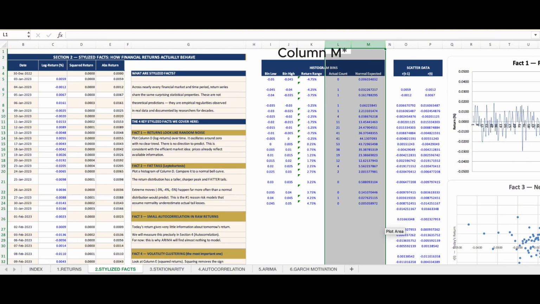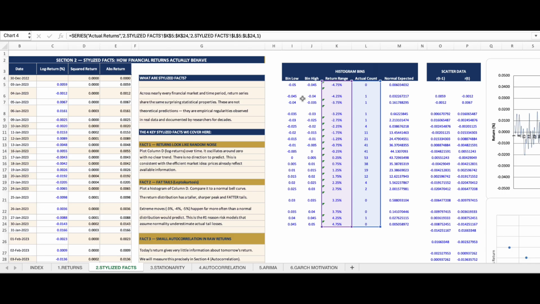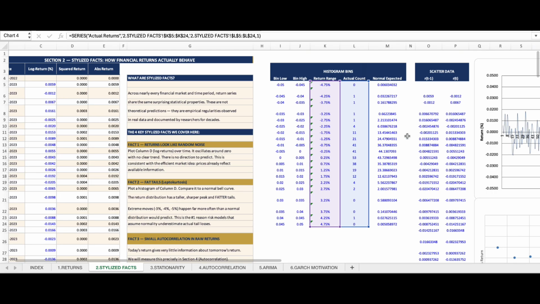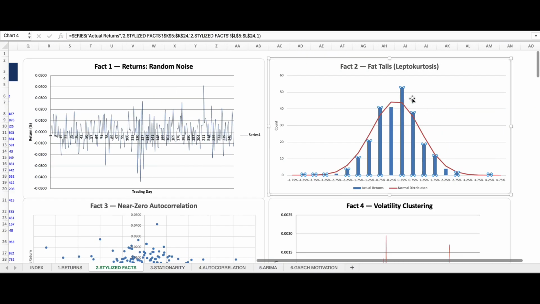Column I gives you what a normal distribution would predict for each bin, given the same mean and standard deviation. If you compare the two, the actual distribution has a sharper, taller peak in the center. But more importantly, look at the outer bins. Returns of -3, -4, -5% happen far more often than the normal curve would predict.